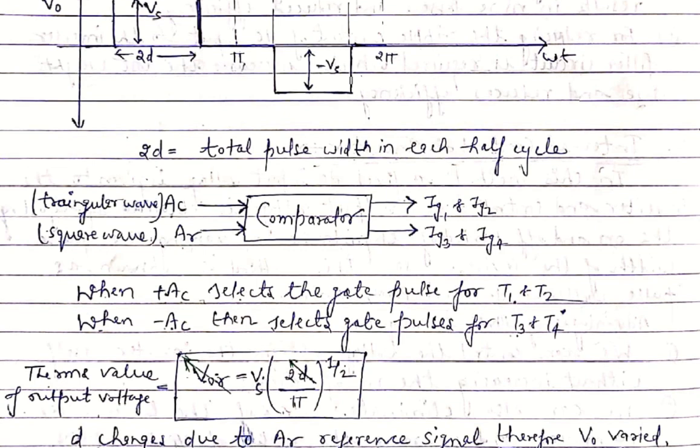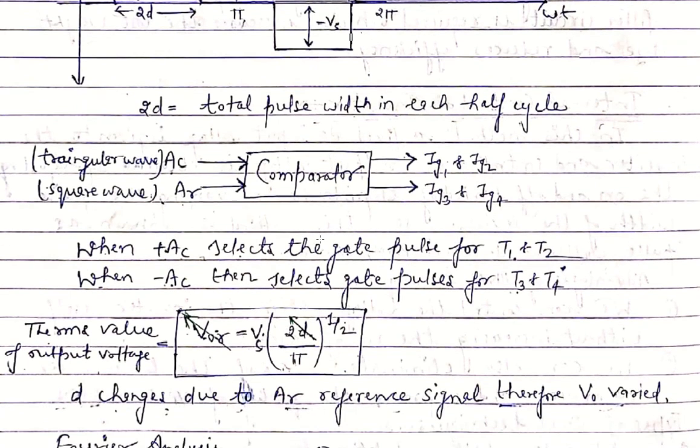In this expression we see that by varying d, which is 2d or d, we can control the output RMS voltage. In previous techniques, the output RMS voltage did not depend on the pulse width, but in this expression, as we vary 2d, which is the width per half cycle, the output RMS can be controlled.